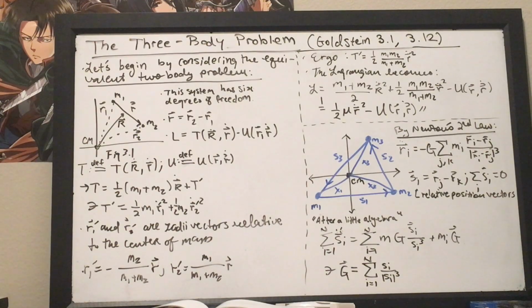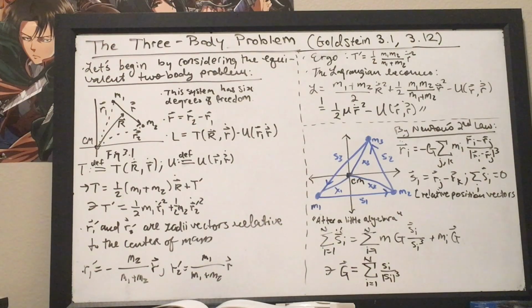More specifically, we can express our kinetic energy as a sum between the combined masses of the system, M1 plus M2, multiplied by the velocity of the big R vector squared, plus T prime, and T prime itself is the sum of the individual kinetic terms of mass 1 and mass 2.